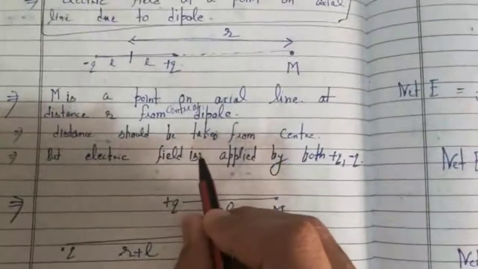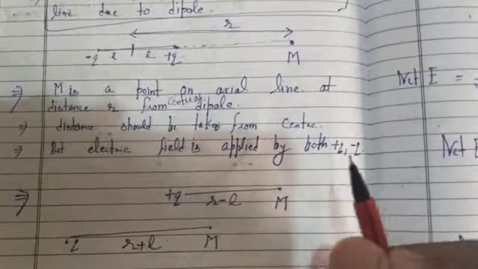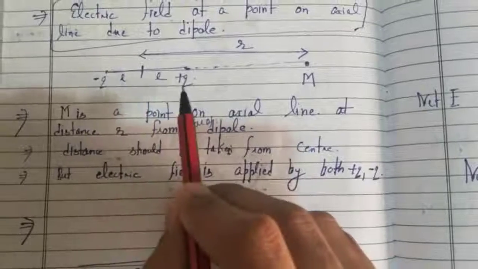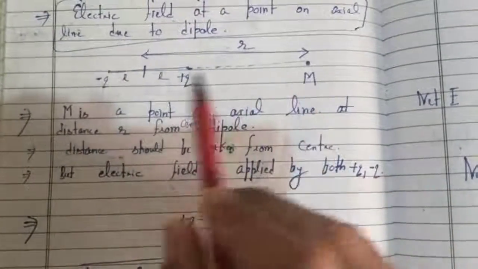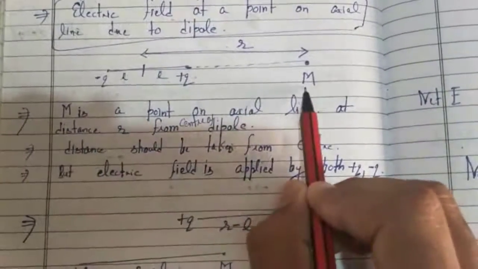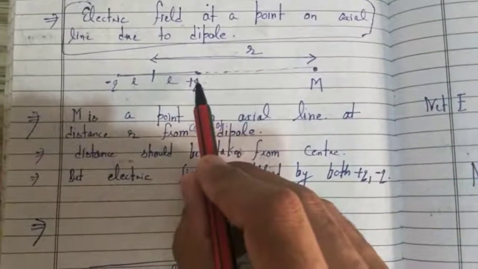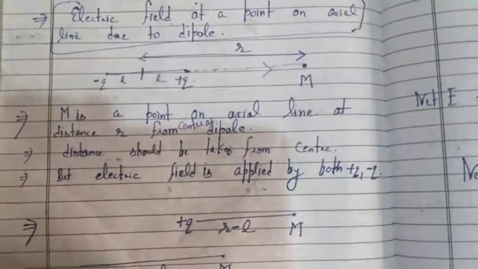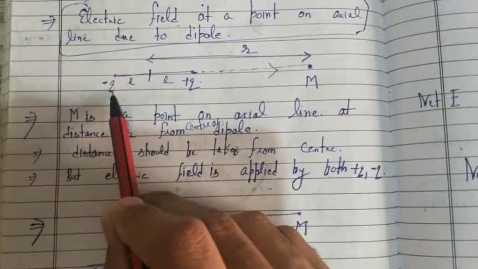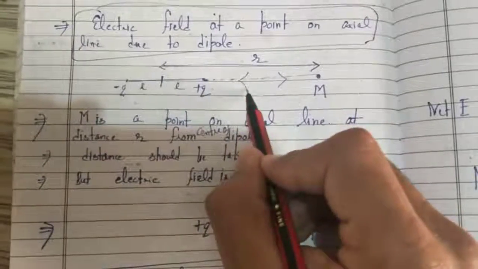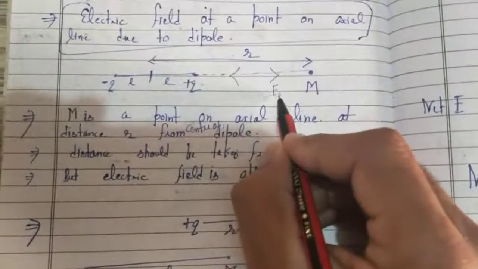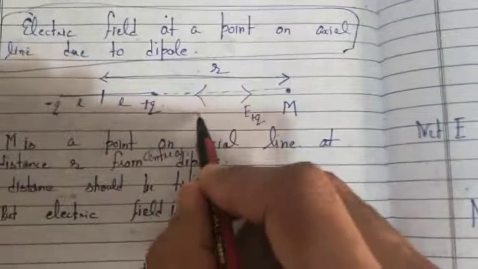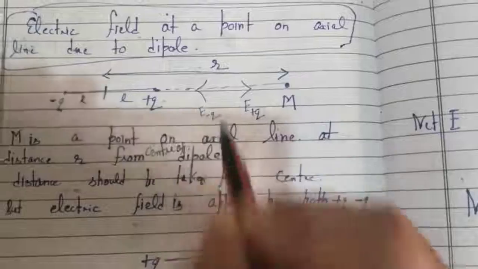So we are calculating the distance from the center. This is also a charge and this is also a charge. This charge will apply an electric field at this point, and that charge will also apply an electric field at this point. The electric field from positive Q is radially outward in this direction, and the electric field due to minus Q is radially inward in this direction.